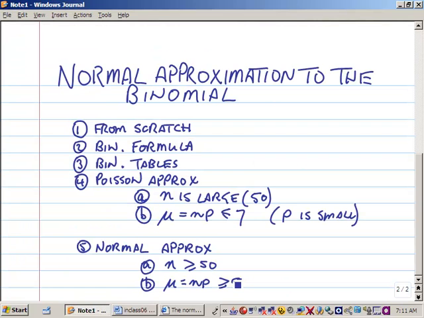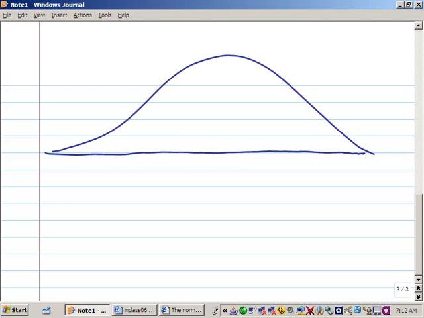So let's go back here, and I'll do this crudely: a normal distribution, and at some point, as in the example I had, the number 8 will go up a half and down a half, 7.5 to 8.5. We do that so the next number, say 9, goes from 8.5 to 9.5.